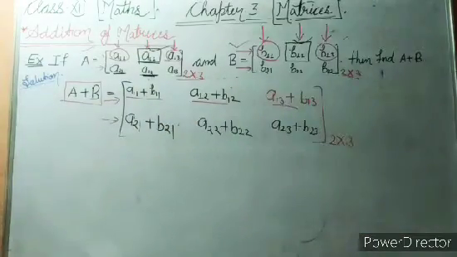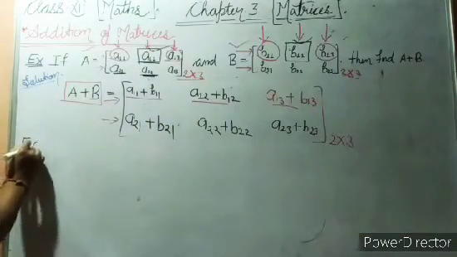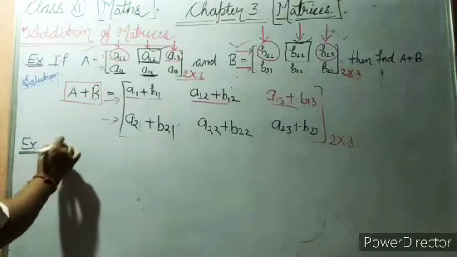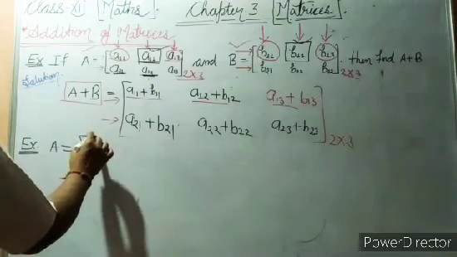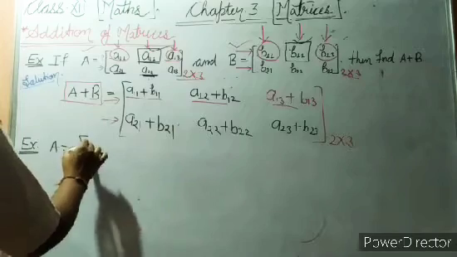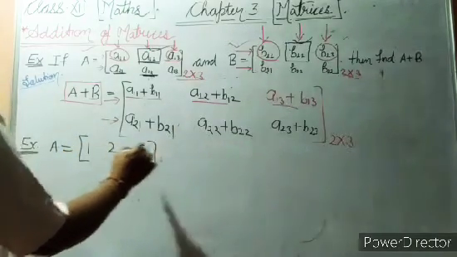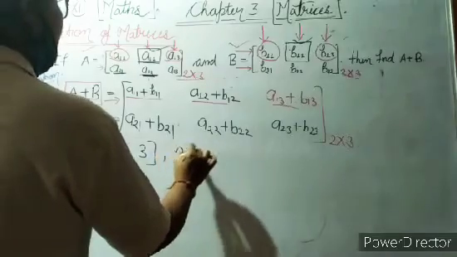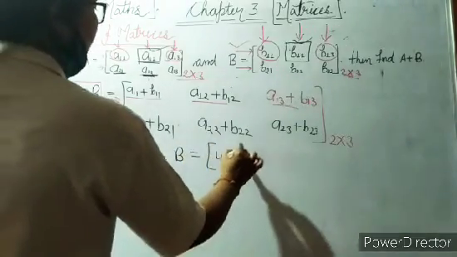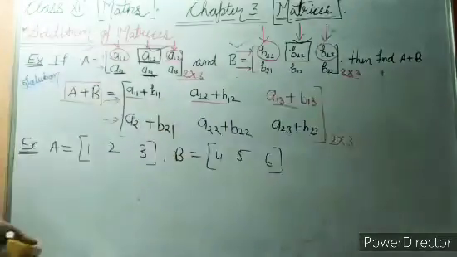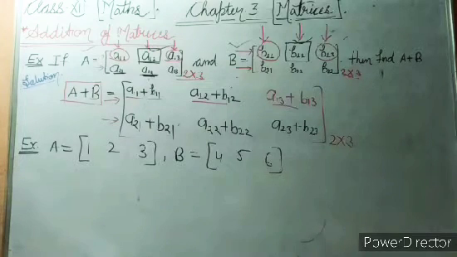Our next example says, suppose A is 1, 2, 3 and B is 4, 5, 6. Pause the video and try to solve.